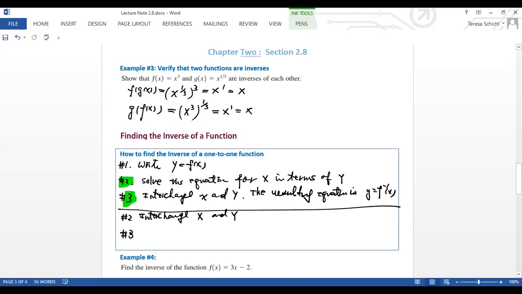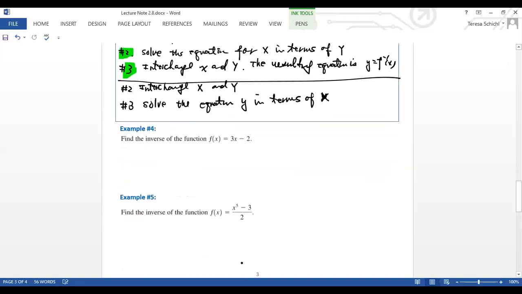Then in step number 3, you solve the equation, because you interchanged, so you solve for y in terms of x. So some teachers use the first way, or some teachers switch step number 2 and 3.